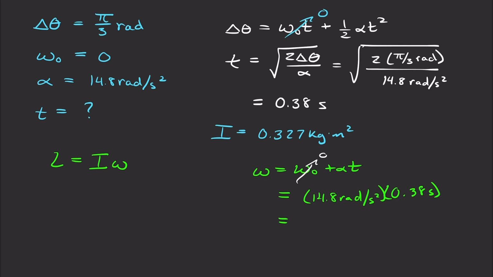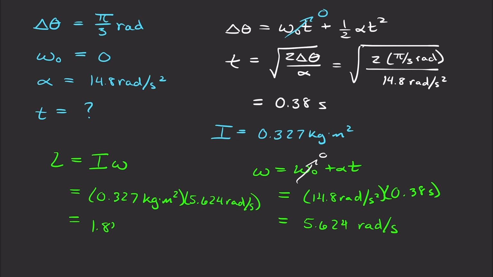That gives us an omega of 5.624 radians per second after it's rotated through this angle. Now we just plug in: 0.327 kilogram meters squared times 5.624 radians per second, and that gives us an angular momentum of 1.84 kilogram meters squared per second.